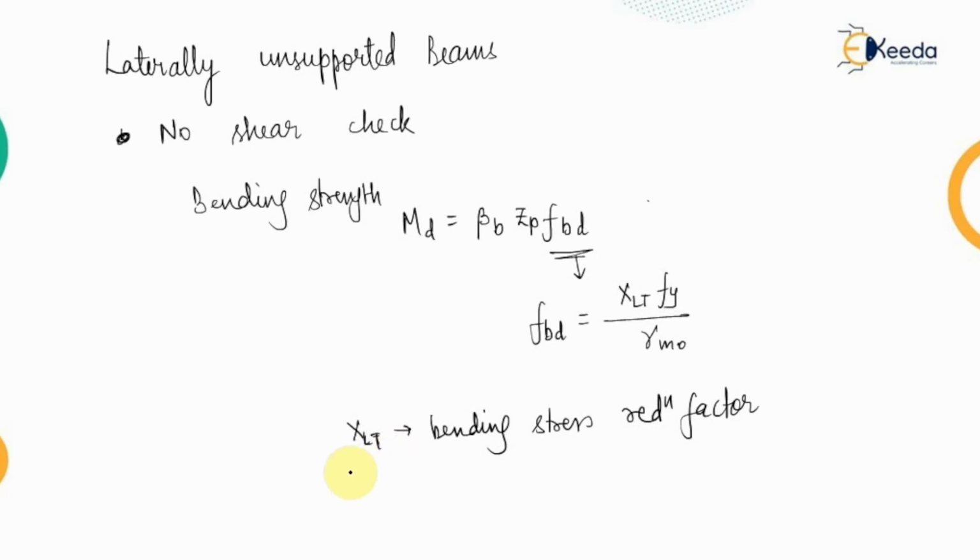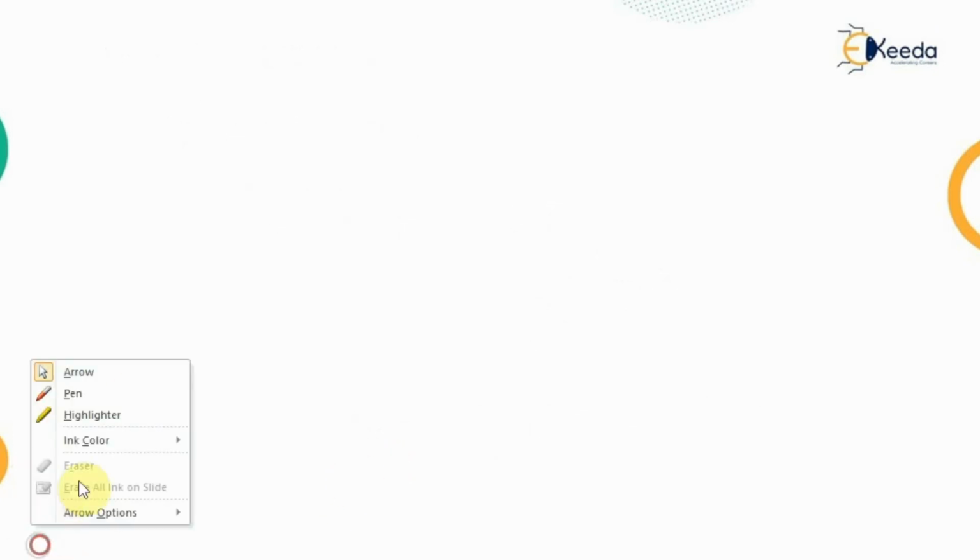Now this XLT is calculated from the Codal provision, and the formula for that is given as XLT is equal to 1 upon phi LT plus square root of phi LT square plus lambda LT square. That means the square of the lateral torsional buckling coefficients, and that value of XLT should be less than or equal to 1.0.